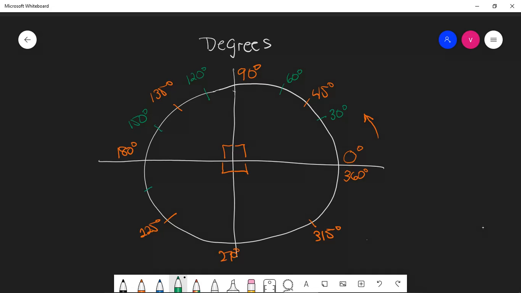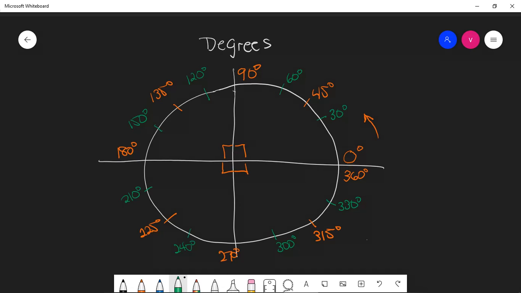Another 30, that would be 210. Another 30, that would be 240. Another 30, there's 270, another 30, that would be 300. And then another 30, that would be 330. And then plus another 30, that's 360.